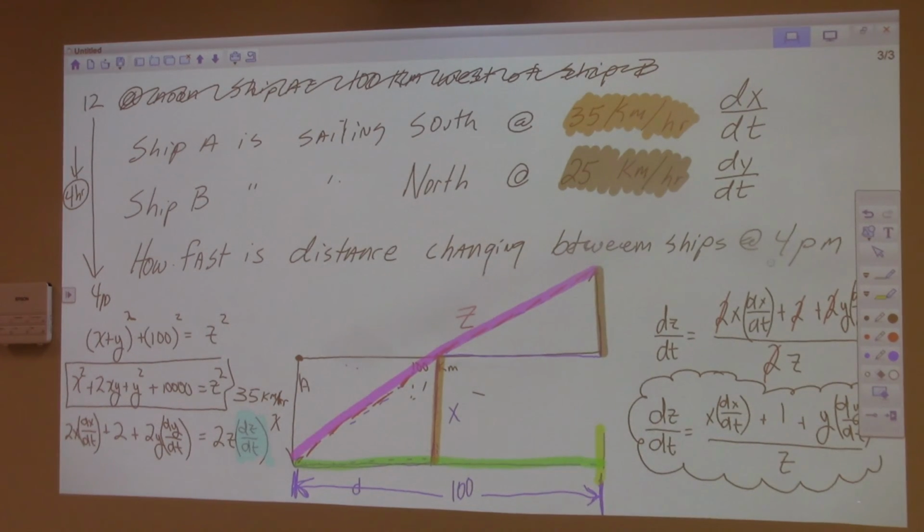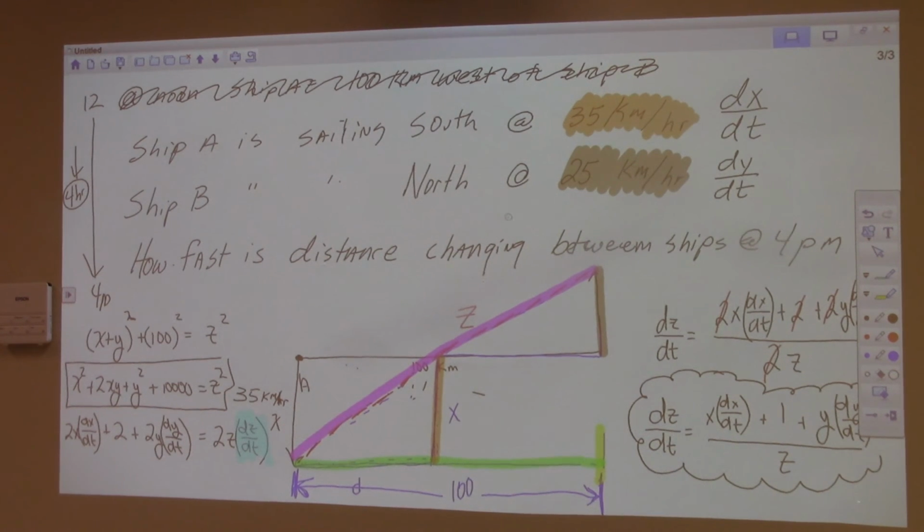Finish the problem. If they're going 35 kilometers per hour, and they travel 4 hours, then what is this orange number right here? 140. 4 times 35 would be 140. So x is 140.